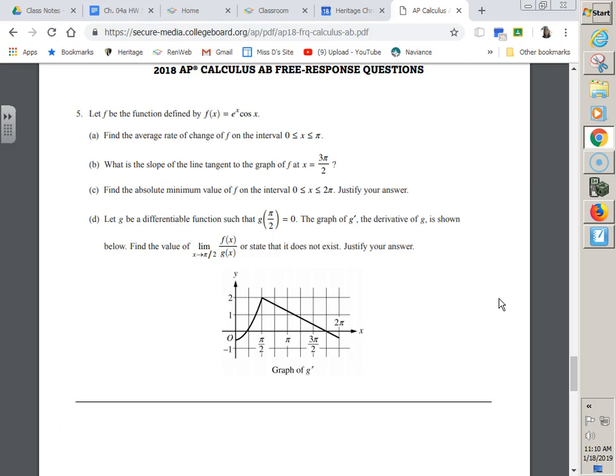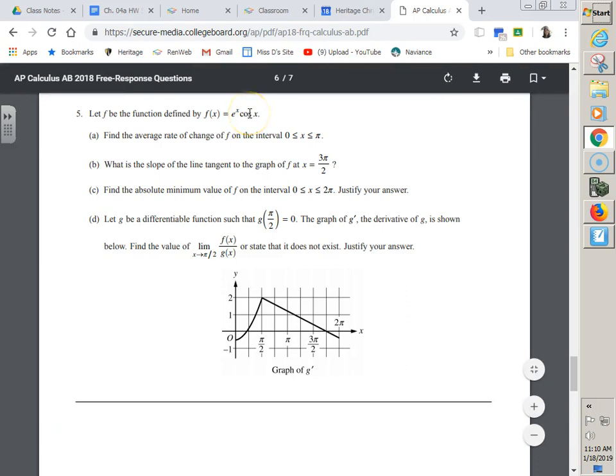All right, kiddos. So letter D, right? Differentiable function such that g of pi over 2 is equal to 0. Okay, fine. They gave us a statement. Why is that statement important? Because we're about to take a limit, and you would plug in, and we would have it going to 0, right? We also need to talk about f. F is the original function. So what did you guys probably write last year?